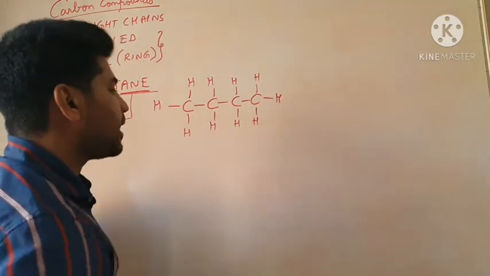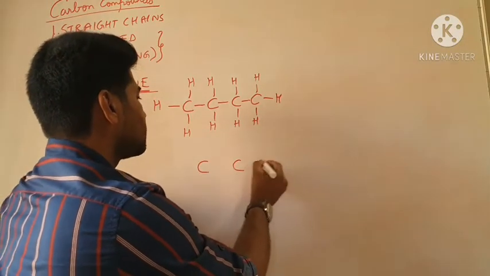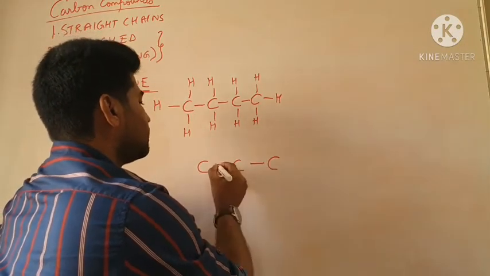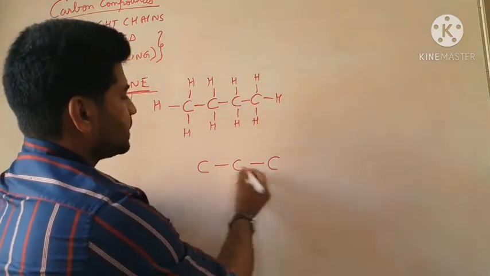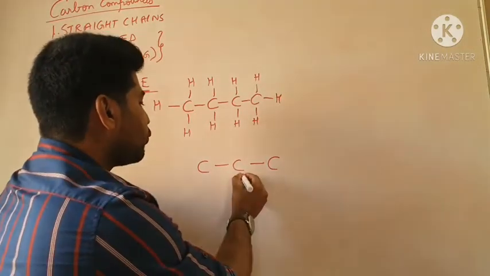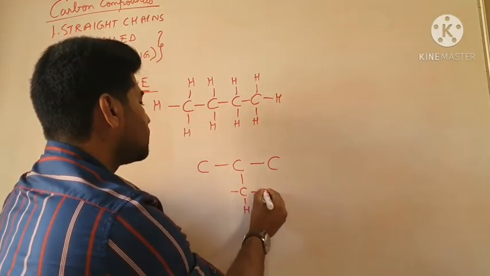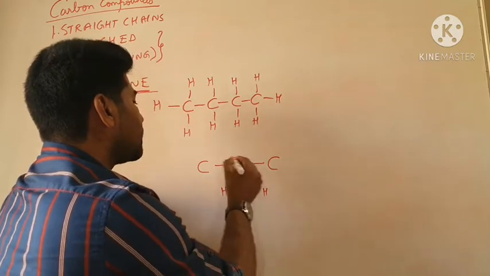C4H10 could also be represented as 3 carbons in a straight chain and the 4th carbon attached to the middle carbon.